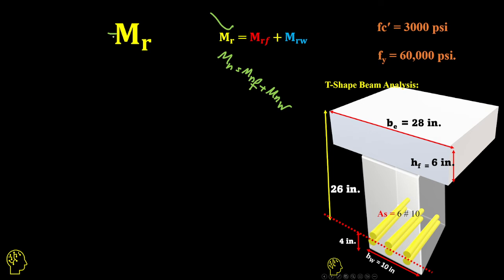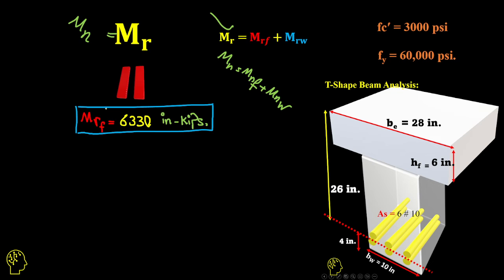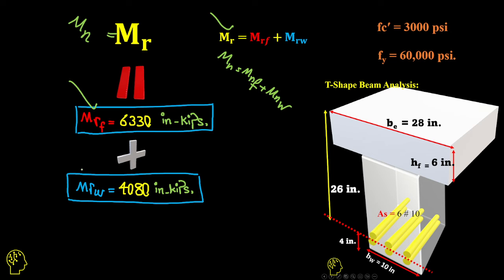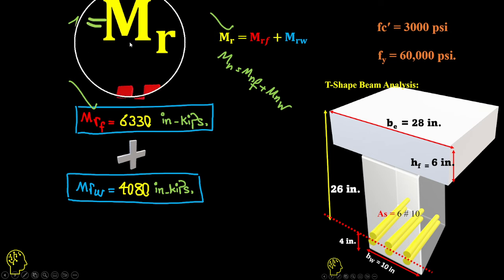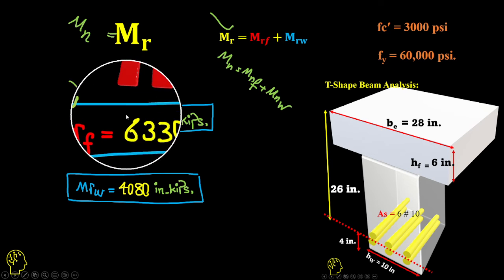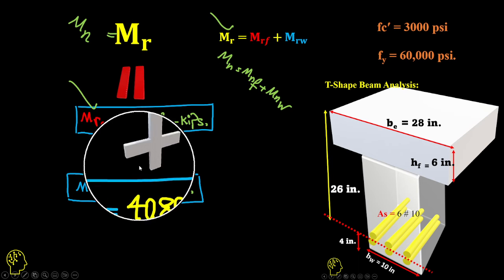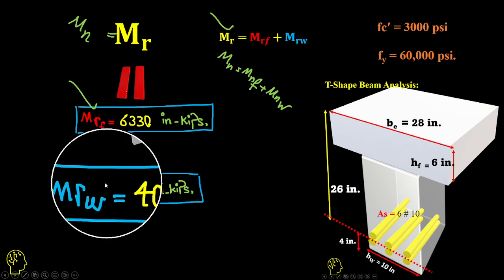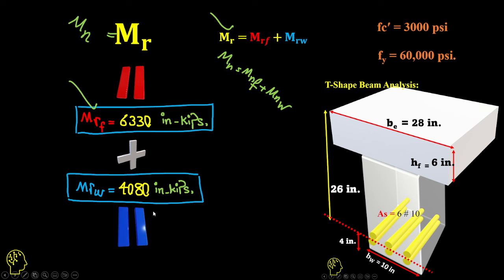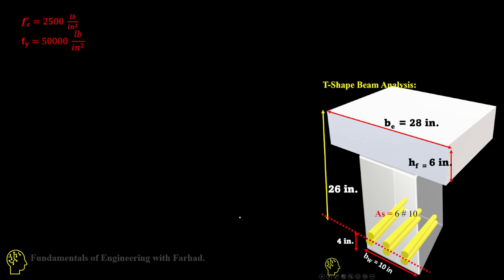If you want to know what your nominal moment is, you just need to add them: the nominal moment is equal to the flange moment plus the web moment. If you add them up together, it gives you the total value, which is 10,410 inch kilopounds.